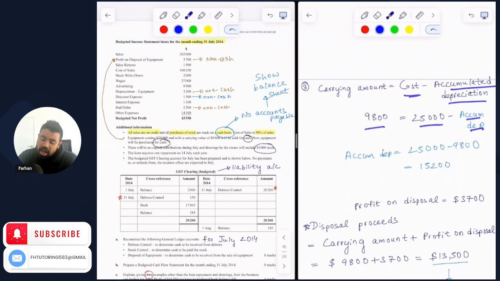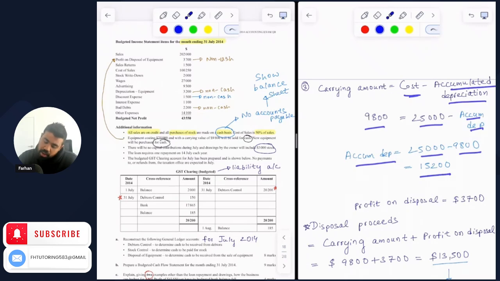So we use algebra, and we understand that the accumulated depreciation is the difference between the cost and the carrying amount. So we subtract $9,800 from 25,000, and you get $15,200 as the accumulated depreciation, or the total economic benefits that the business has consumed by utilizing this equipment.